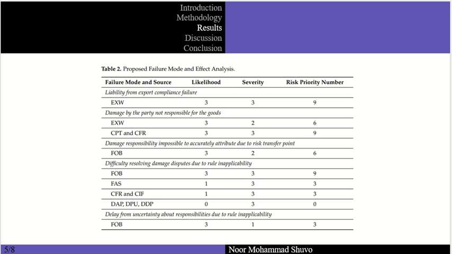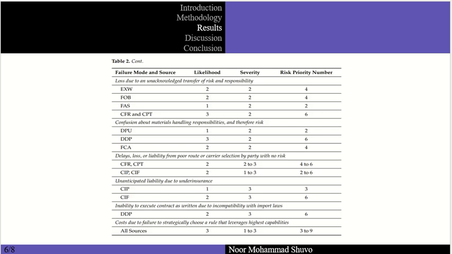Number three was damage responsibility impossible to accurately attribute due to the risk transfer point, and number four was difficulty resolving damage disputes due to rule inapplicability. Number five was delay from uncertainty about responsibilities due to rule inapplicability. And number six was loss due to unacknowledged transfer of risk and responsibility.